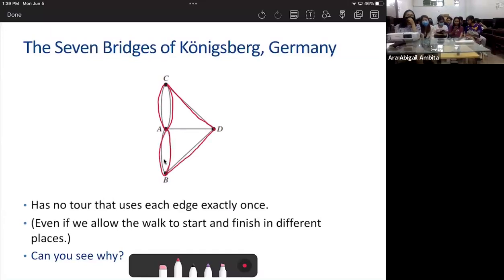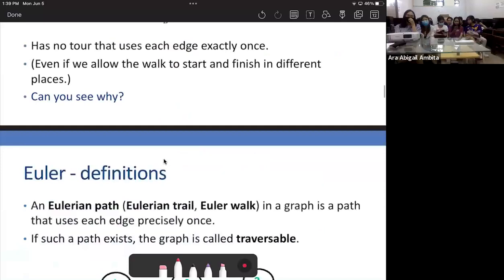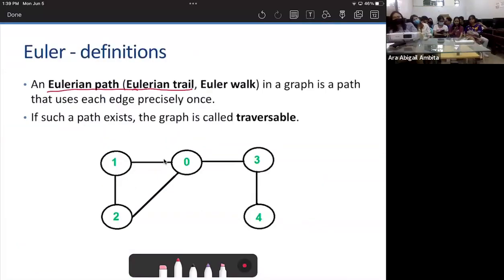So merong at least one bridge. Eulerian trail or Euler walk in a graph is a path that uses each edge precisely once. So if we can find such a path, then we can say that the graph is traversable.